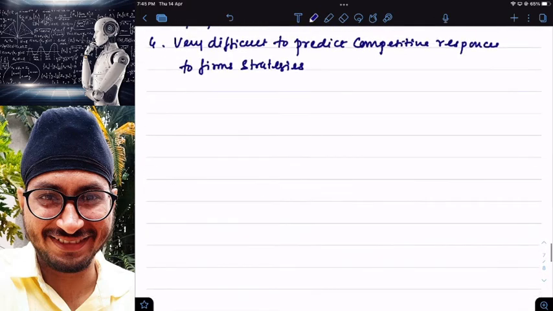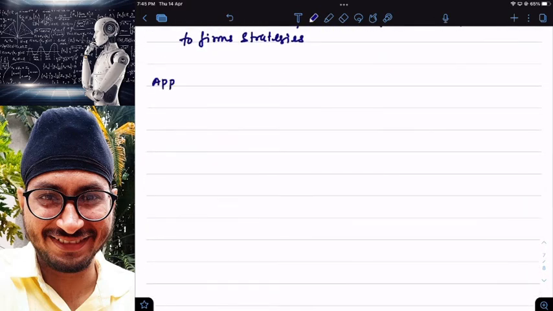Now we have the applicability of strategic management. So first we will see applicability of strategic management to whom? Applicability of strategic management to education institutions.